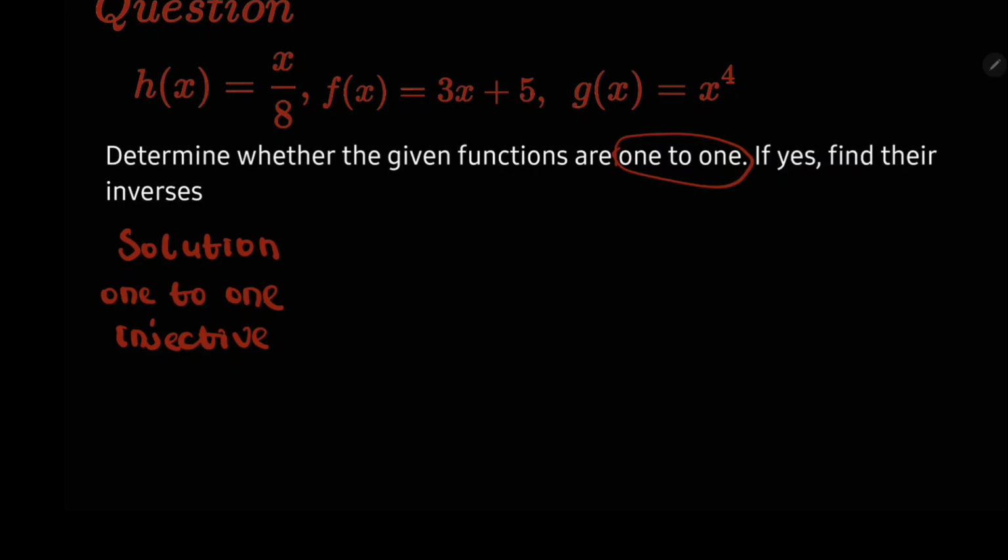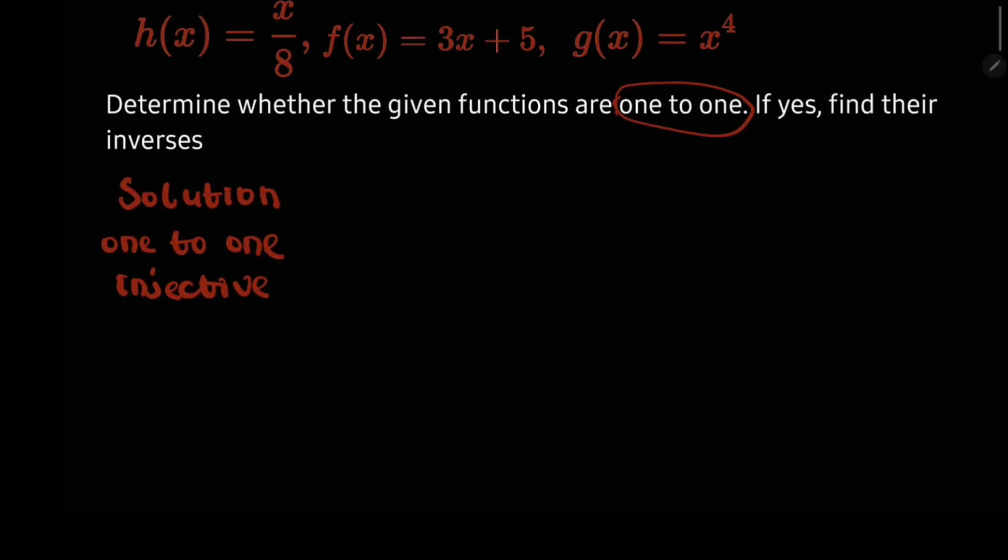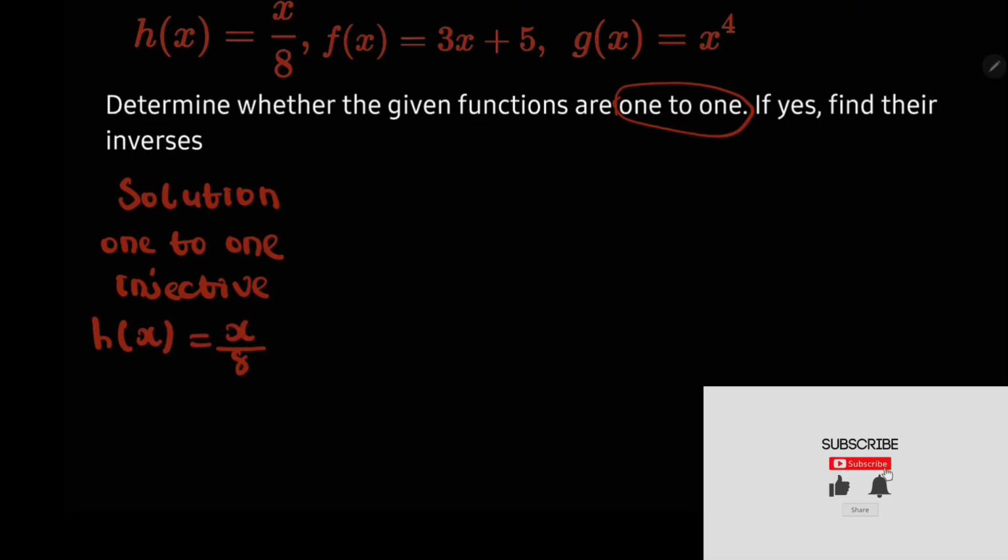So another name for an injective function is a one-to-one function. So here they're basically telling you to determine whether the given functions are injective. And that is the trick in this question. Okay, so let's start with the first function, h of x equal to x over 8.